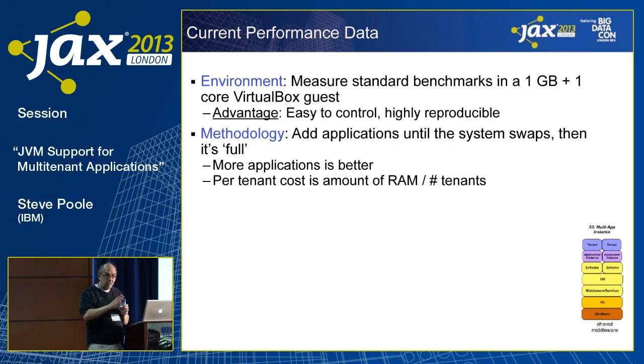So you get a 1 GB Linux virtual machine, a VirtualBox machine. You start Java applications that are doing the same workload, and you keep doing that until you see the swap take place, at which point you've filled up the space. So the question is, how much can I get a tenant down to compared to what I had before?